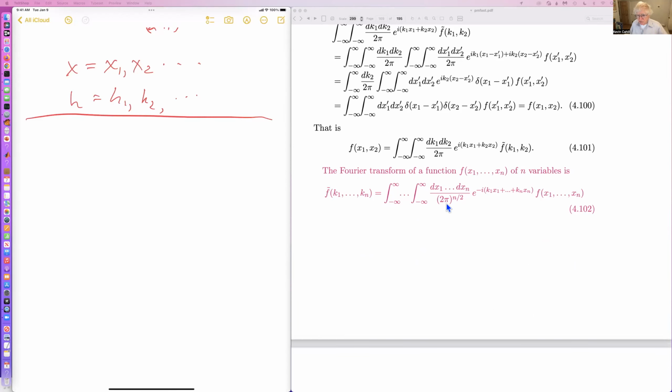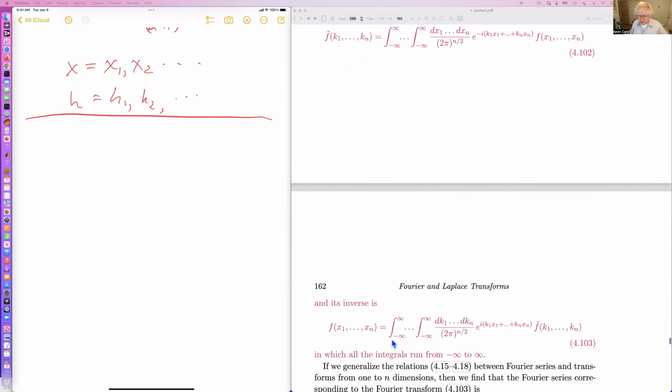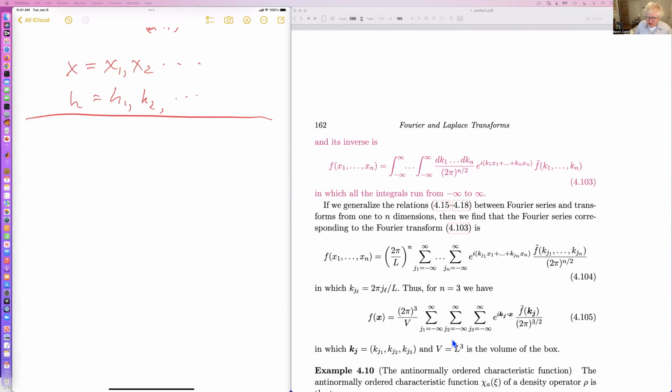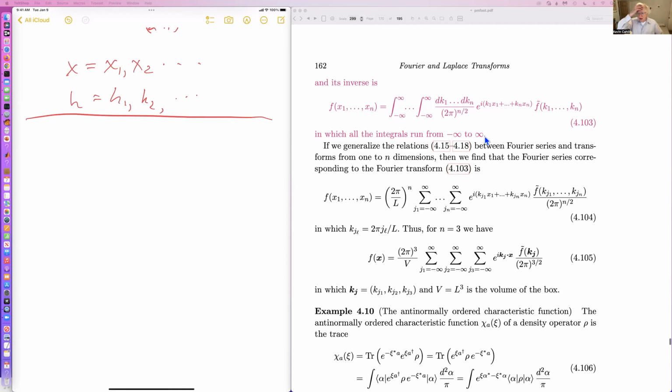You just put 2 pi to the n over 2, and then the inverse looks like this, with again 2 pi to the n over 2. All the integrals run from minus infinity to plus infinity. And you can also relate the Fourier transform variables to the Fourier transform coefficient.